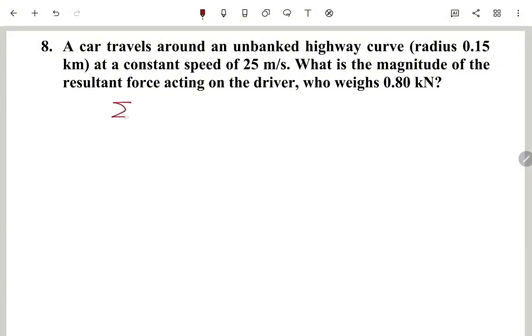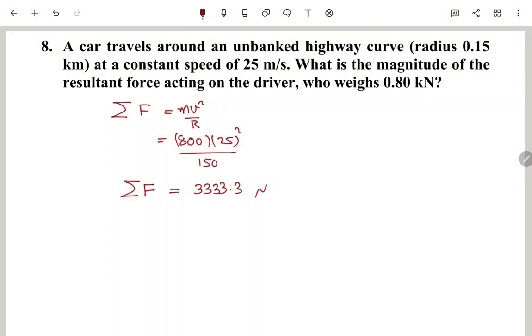Again, sum of all forces equal to mv squared over r, and equal to the mass, it's equal to 800 times the speed, it's 25 square, divided by the radius, it's 150, and simply the force or the resultant force equal to 3,333 newtons.